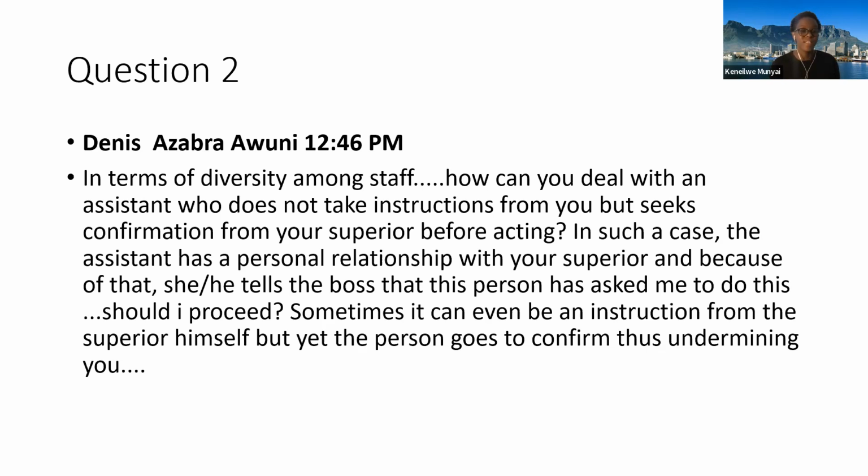Because the only reason that I can think of for a person to do that, they either think that they are not supposed to be taking instructions from you, which means there could be a gap in terms of communication, or a gap in the understanding of where they fit in within the department or the entity.